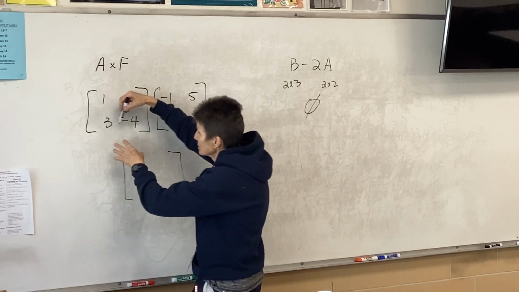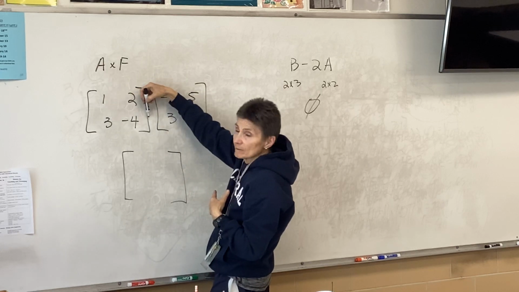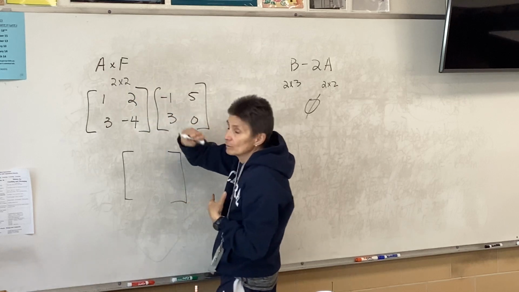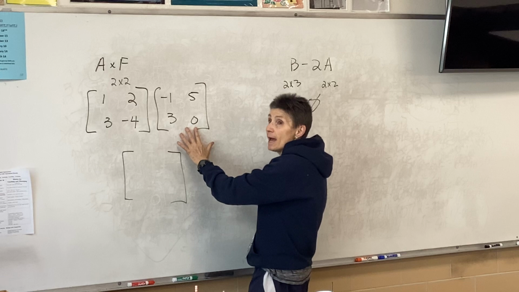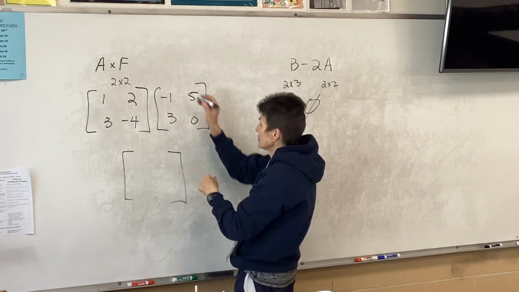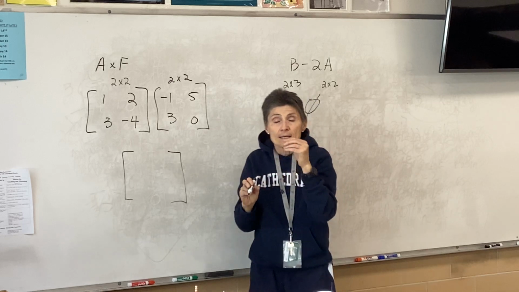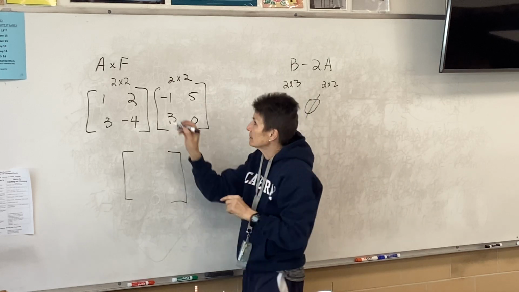What are the dimensions of A? 2 rows, 2 columns. So A is a 2 by 2. F is a 2 by 2.